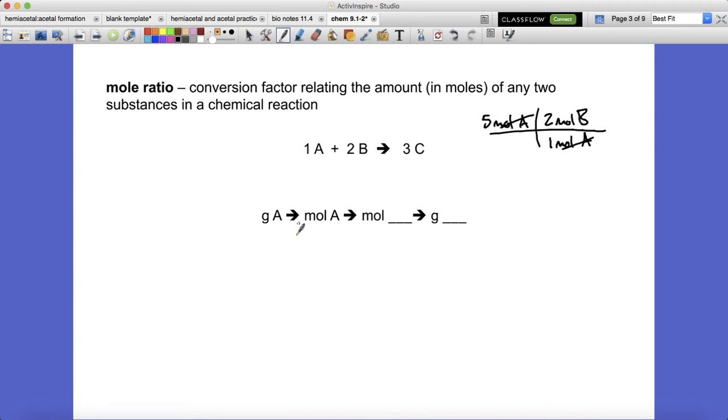So the full type of problem here is not going to be what we did before necessarily, because just in the last chapter, I had you change moles of one thing into moles of another. I had you change moles of A into moles of B or moles of C or whatever, right? But in this chapter, I'm going to add in a few more steps, right? Starting with a mass of A, how many grams of B are going to be formed?